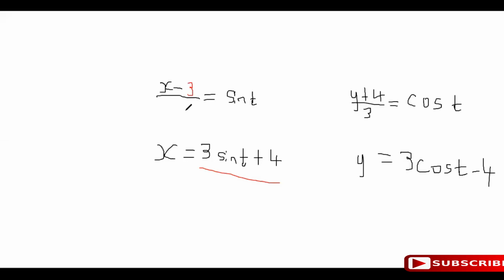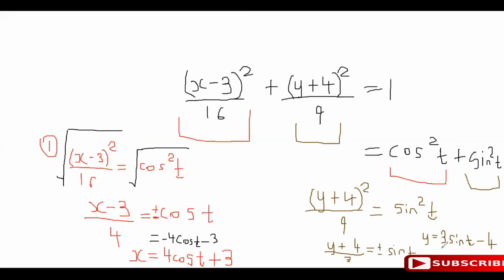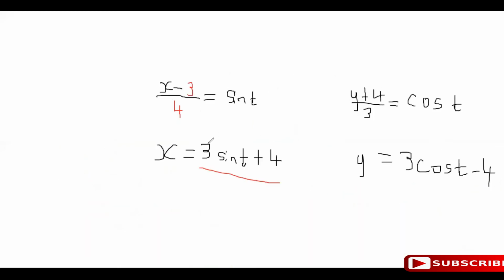Thank you. X minus 3 divided by 4. And then I should have y plus 4. So what this should be is 4 sine t plus 3.